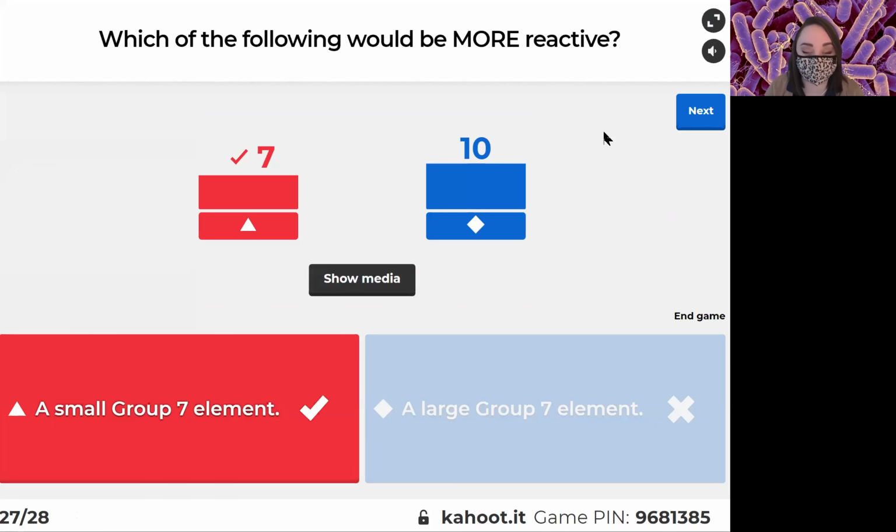Okay, so these are tricky. Now on the opposite side of the periodic table, I have to kind of flip or reverse my thinking. On the right-hand side, groups 5 through 7, they're trying to gain or attract more valence electrons to become stable. So the easier it is for them to attract valence electrons, the more reactive they are.